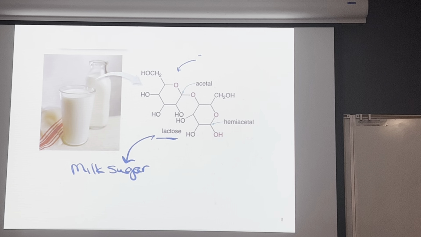So this part is galactose, and this part over here is glucose. And lactose is a disaccharide, meaning that it has two monosaccharides bonded to each other. And the two monosaccharides that are bonded to each other are galactose and glucose. Okay, so where does the hemiacetal and the acetal appear?